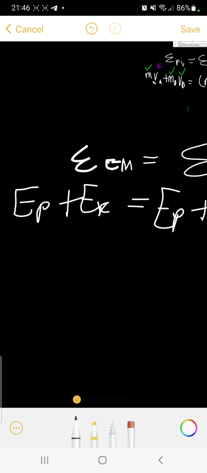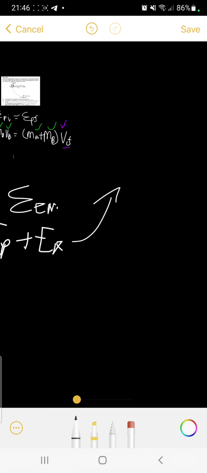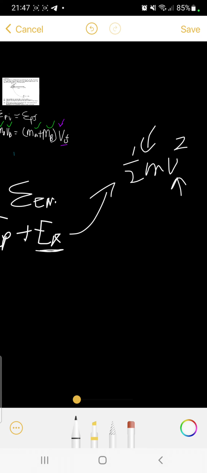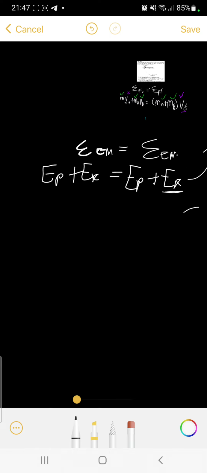If we can find his kinetic energy, because we know that EK is the same thing as 1 over 2 mv squared, we can equate that EK to this formula, because we have the mass and our only unknown is the velocity. So let's make it our mission to find EK final.